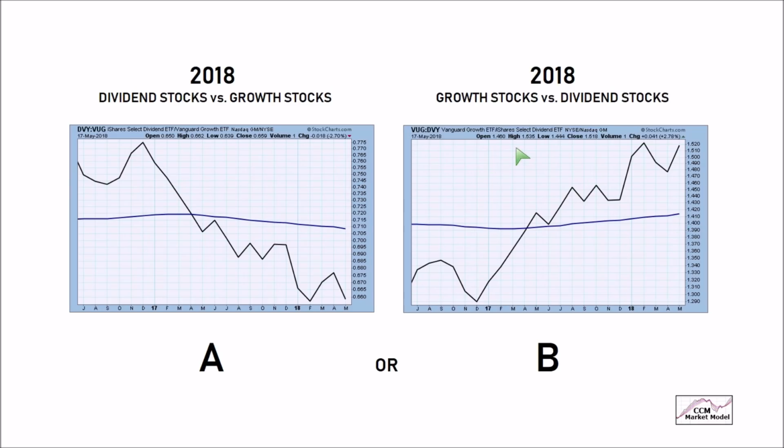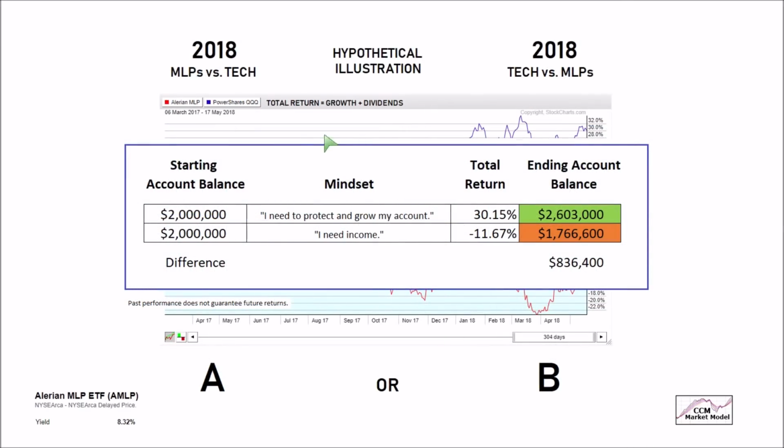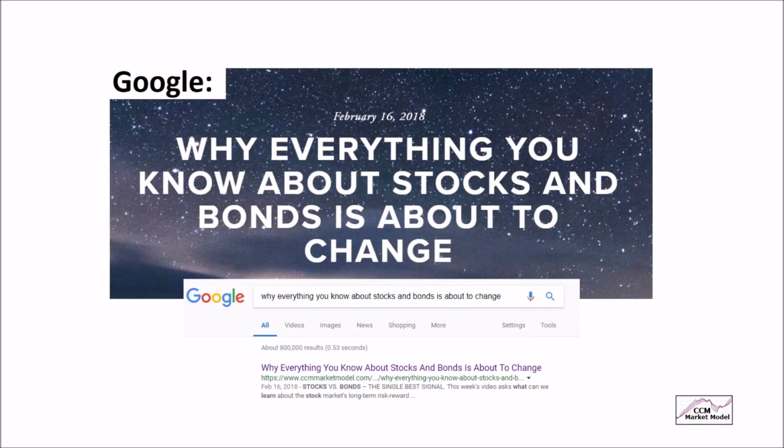These concepts and the concept of total return versus an I need income mindset within the context of the present day, the facts that we have in front of us today, interest rates, earnings, Fed policy, etc. All of that is covered in detail in this short takes post.